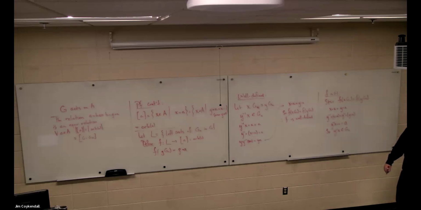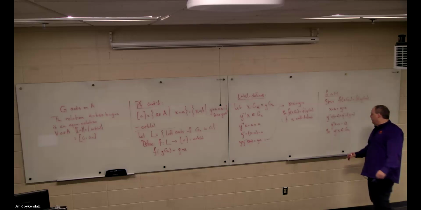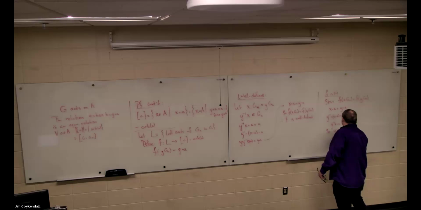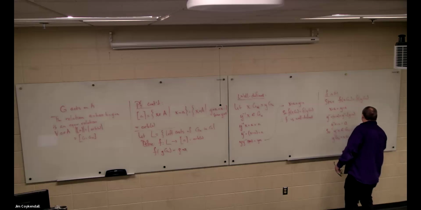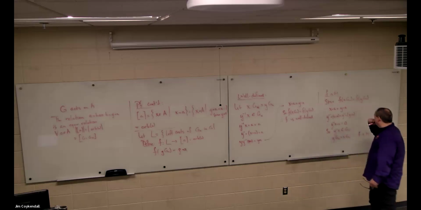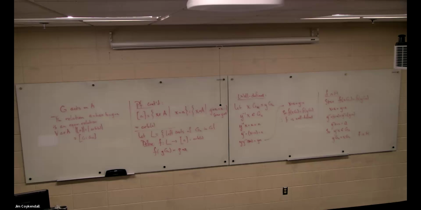And what does this mean? If y inverse x is in G_A, that means the left coset yG_A is equal to the left coset xG_A. And so f is 1-to-1. Because f of Bill equals f of Fred means Bill equals Fred. Everybody okay with that? Yes.